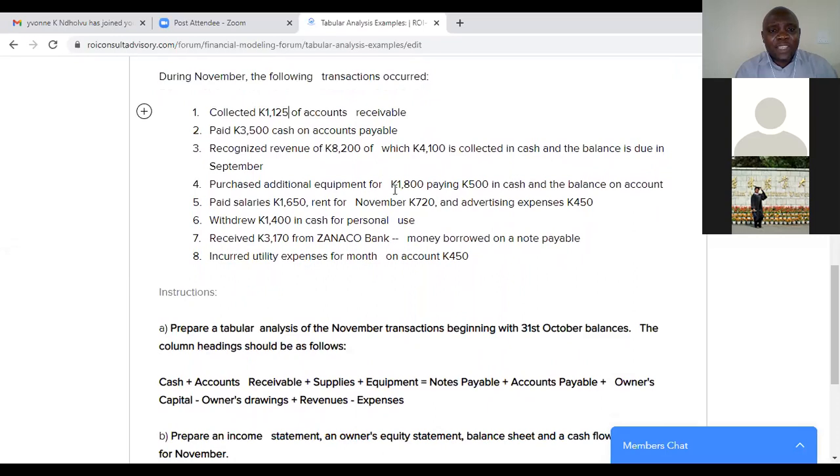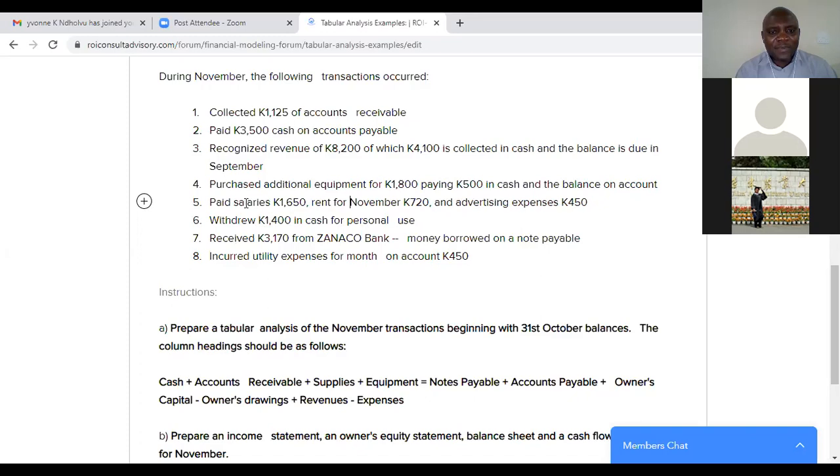Purchased additional equipment for 1,800, paying 500 kwacha in cash and the balance on account. Paid salaries 1,650, rent for November 720 and advertising expenses 450.